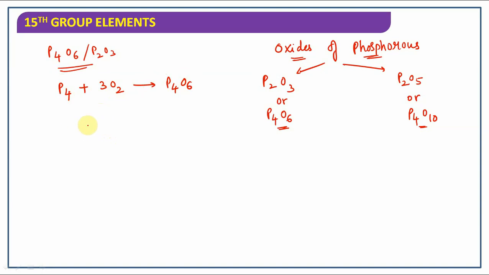If you check the properties, P4O6, phosphorus trioxide, dissolves slowly in cold water. It forms phosphorus acid, H3PO3, with cold water.